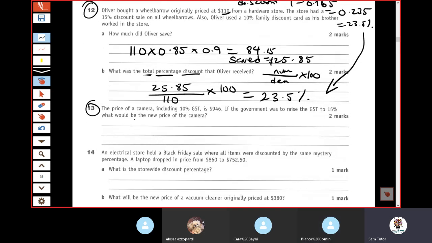Cool. Try 13. You got an answer? Remember, this is including already, and this is the new price.